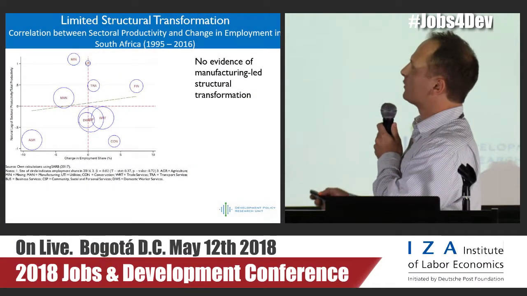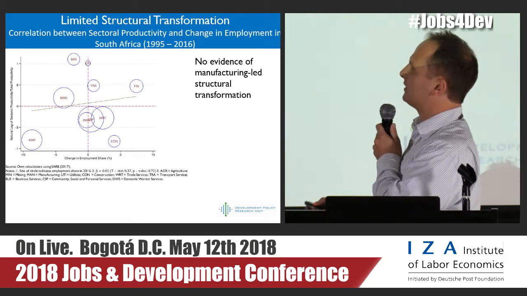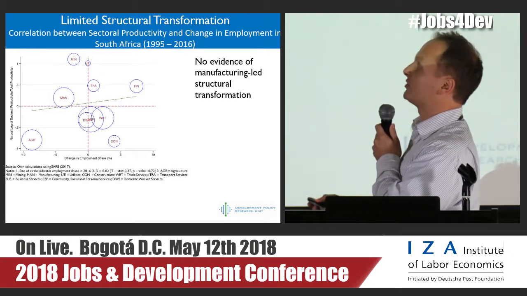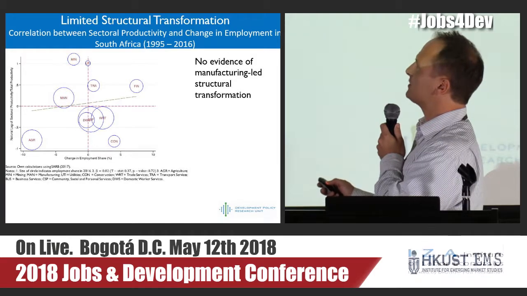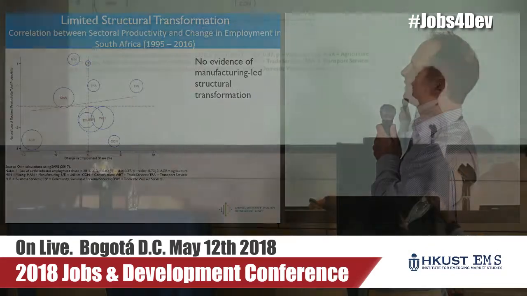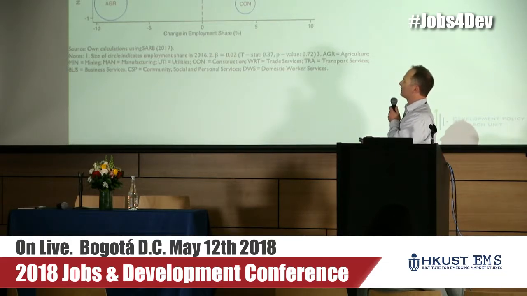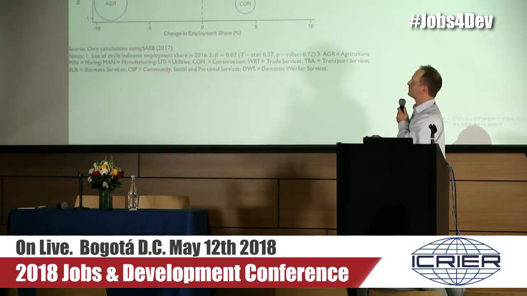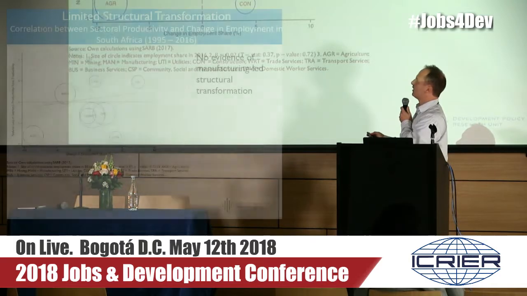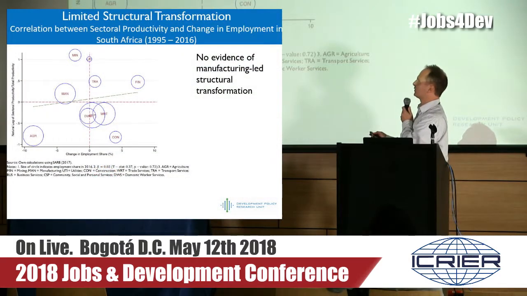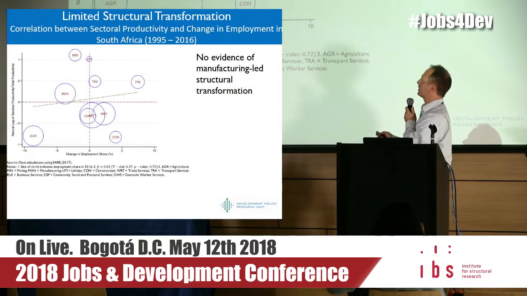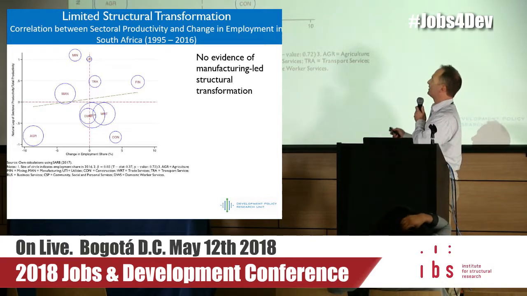The change in employment share can either be negative or positive, and obviously you draw a line there, dividing negative and positive. And then on the vertical, you've got the natural log of sectoral productivity over total productivity, so it's a relative productivity for each of these sectors.